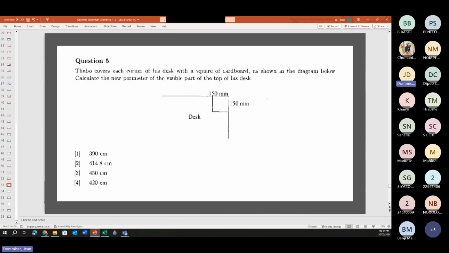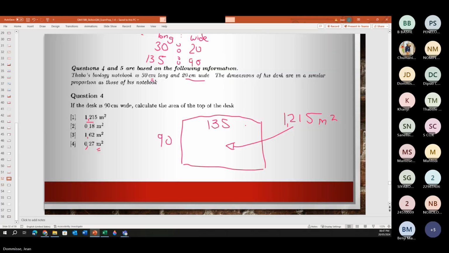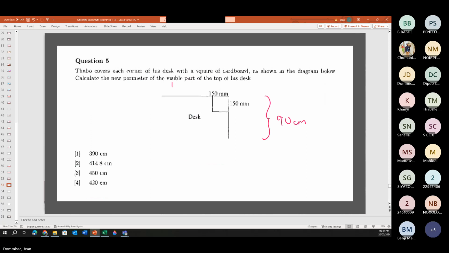Okay, do we assume that now is 90 centimeter? That is 135 centimeter. Okay, do I want it to have all of that?